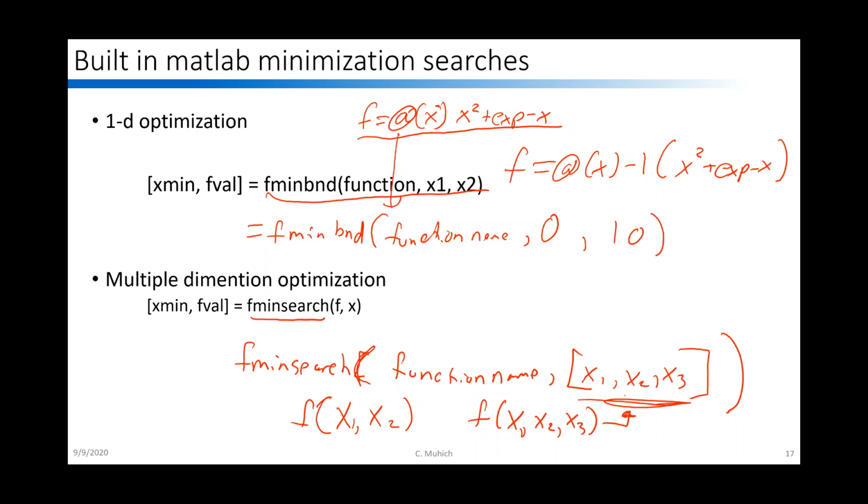And when we do that, fminsearch is going to tell us not only what the values of x1, x2, x3 are that give a minimum to our function, but it'll also return the value of the function at that point. As we go through the rest of this class, we're going to come back to this, particularly when we start looking at optimization functions for complex behavior.